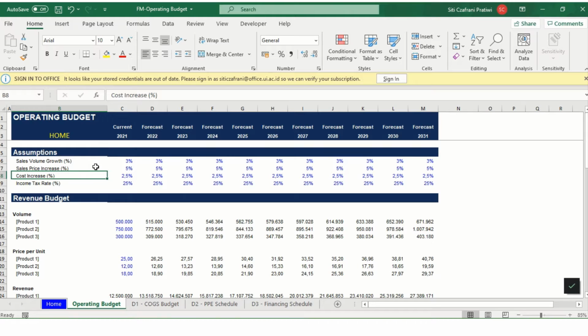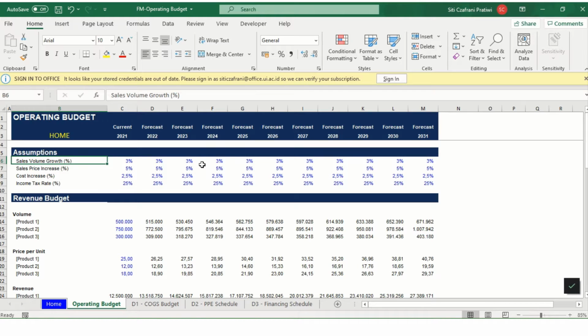So let's take the sales volume growth here. For example, I consider the sales volume growth percentage for every year to be 3%, a constant 3% in every year.